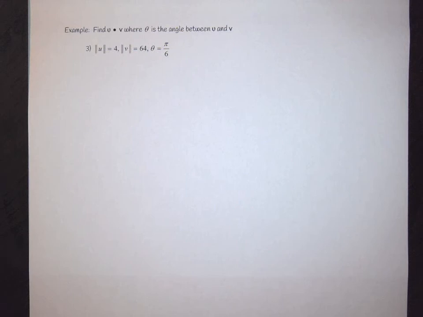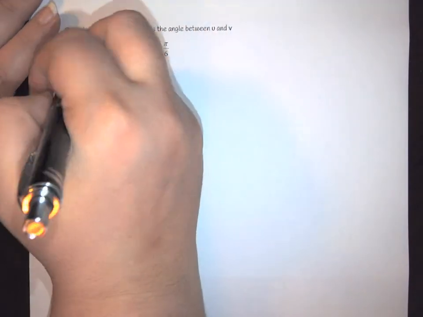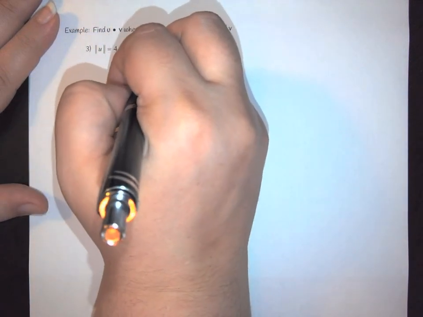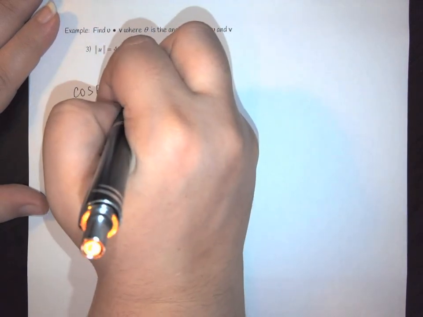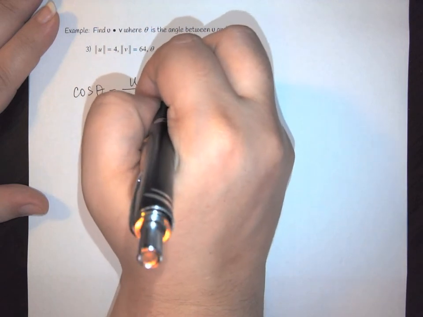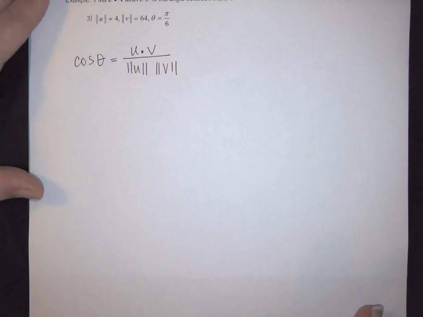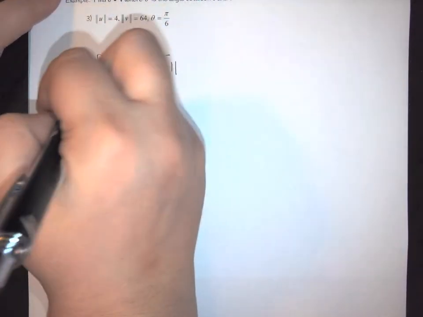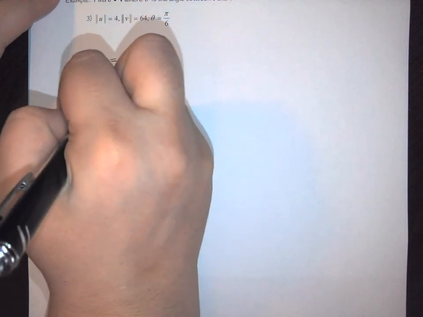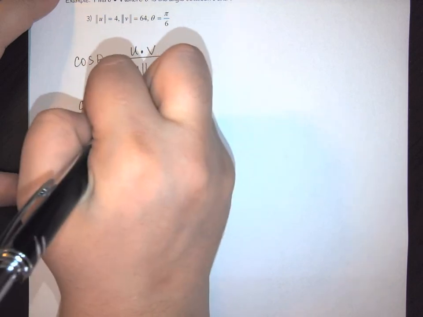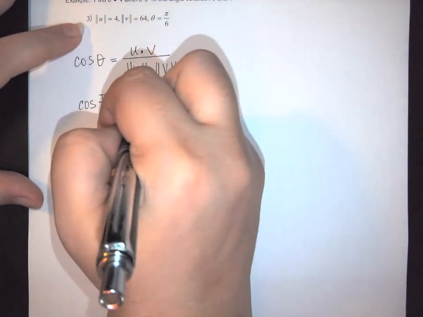Well, it means I know my formula is the cosine of the angle is equal to the dot product over the magnitudes. So you simply have to plug in what you know. Here my angle is pi over 6. So this is going to be the cosine of pi over 6 is equal to u dot v over my magnitudes, which were 4 times 64.